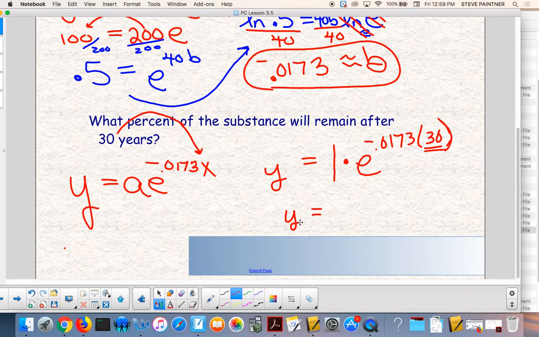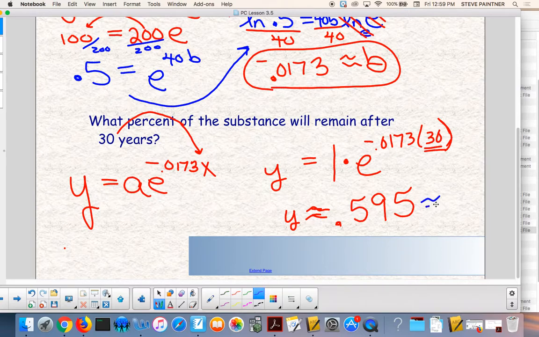What's left after 30 years? 0.595 roughly. Okay. Now guys, if you started with 1 pound of something, and 30 years later that's what's left, what percent is that? All right.